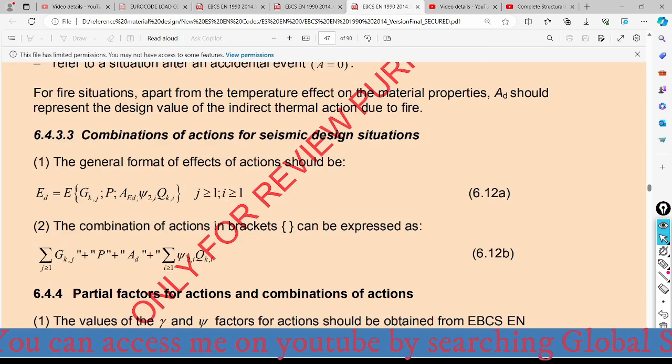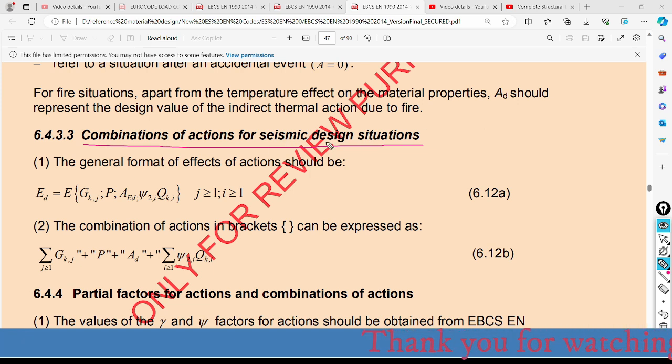The other is the seismic combination, this one. Most of the civil engineers are confused with the seismic design load combination.